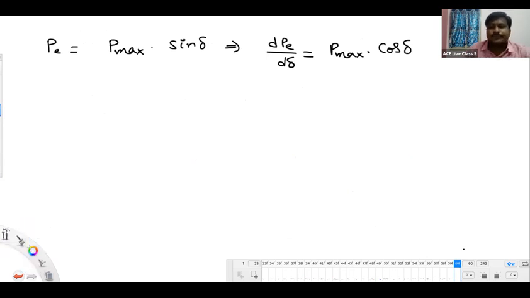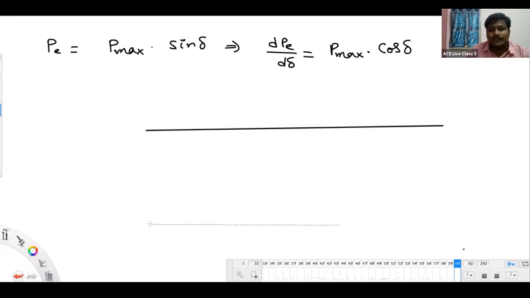Look here. For the P equation we have P maximum sin delta, and dPE by d delta is P maximum cos delta. I will show that graph here, kindly observe. This is the delta axis, and this is also the delta axis.